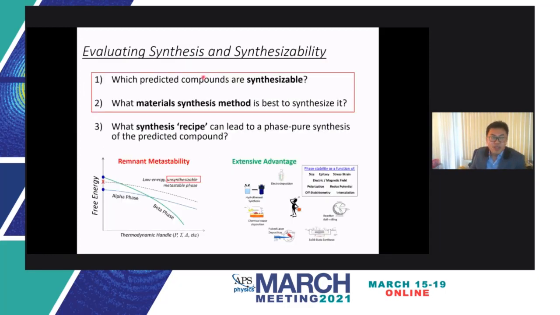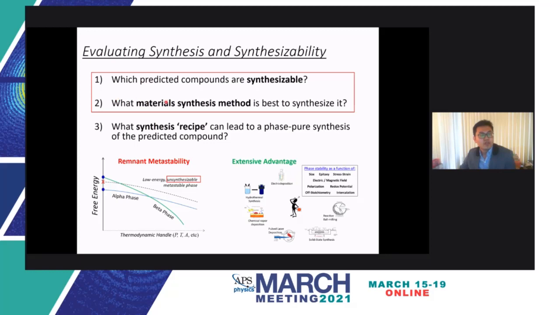So at the beginning, I posed two questions for synthesis and synthesizability. I said, can we understand which predicted compounds are synthesizable? Vladan earlier showed a very nice discussion about basin widths. This is on top of that. Materials have to have large basins, but also, I would argue, they have to have the extensive advantage to be synthesized under some condition with an applied intensive variable.